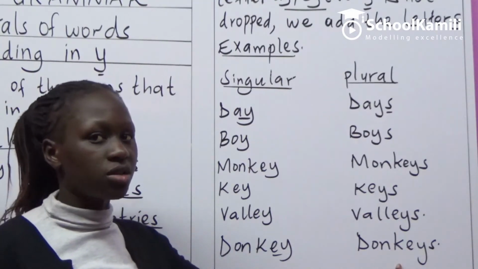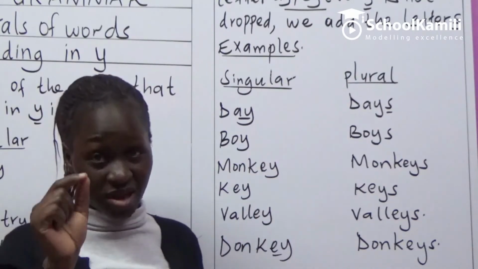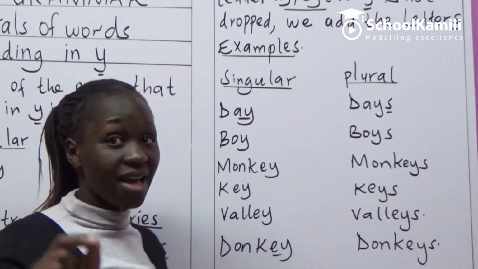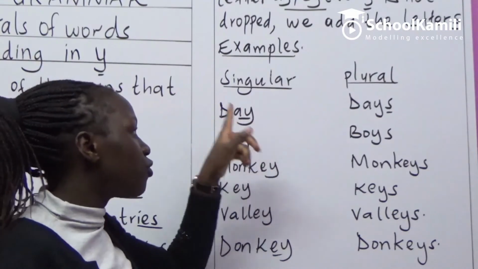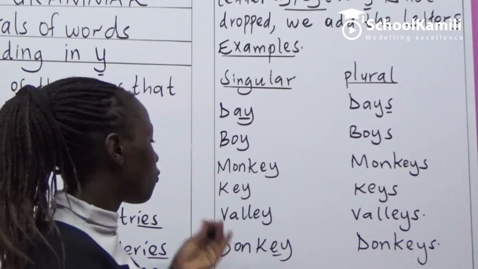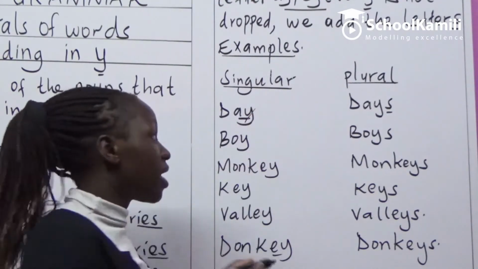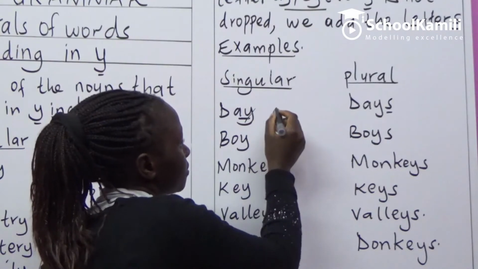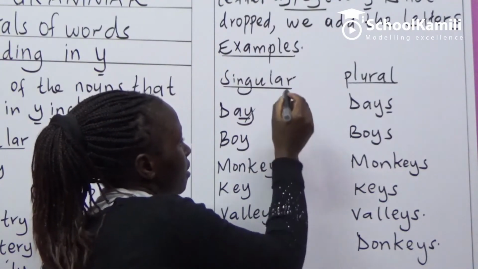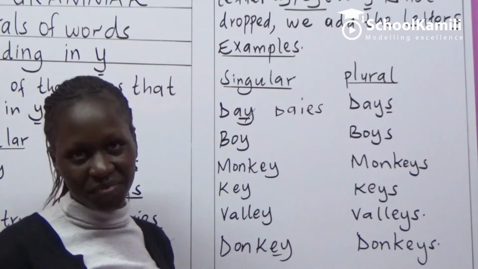Then of course you ask yourself, why can't we drop the Y, then replace with IES? And I explain, if you drop the Y, for example, then we now write D-A-I-E-S. Please read that word.